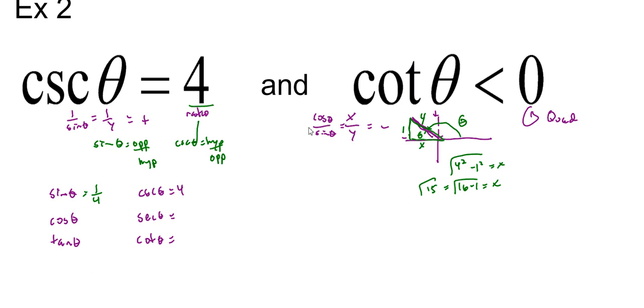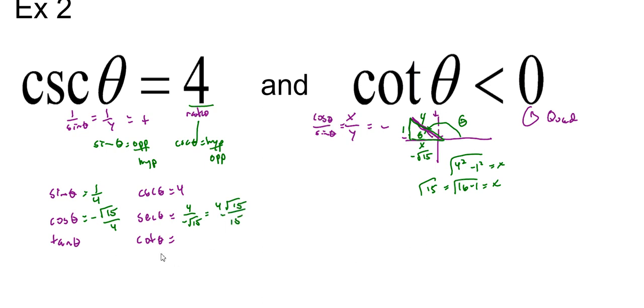Okay, now the square root of 15, remember it's in the second quadrant, so that's actually going to be negative square root of 15. And so when we do this, our cosine is going to be negative square root of 15 over 4. And we can see secant, the reciprocal of that, would be 4 over negative square root of 15. And if we want to simplify that, that would be negative 4 square root of 15 over 15.